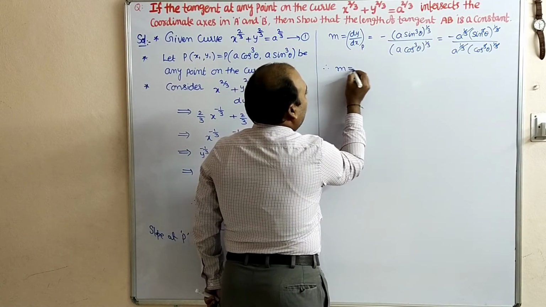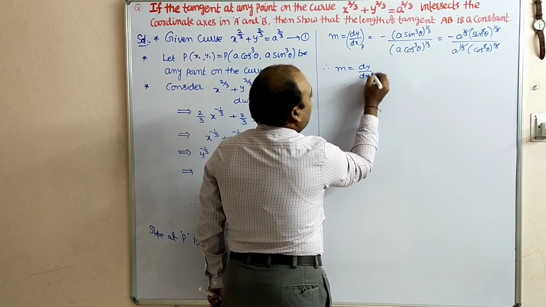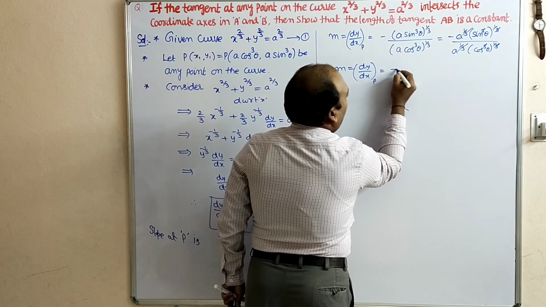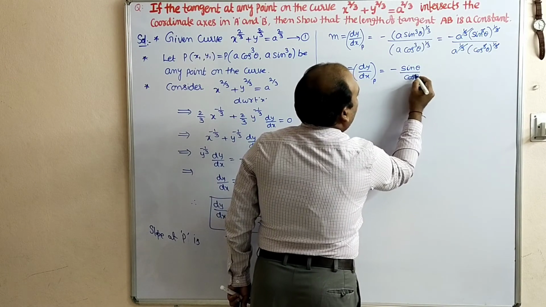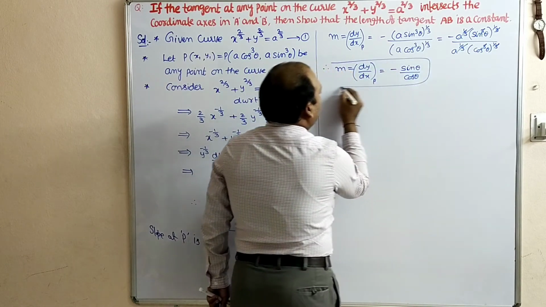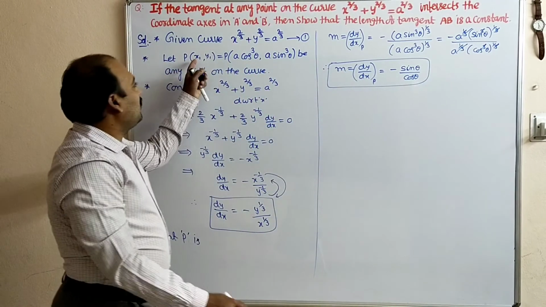Therefore, m equal to dy/dx at P is equal to minus sin theta by cos theta. I can leave it like this. Slope we got, and the point also we know.